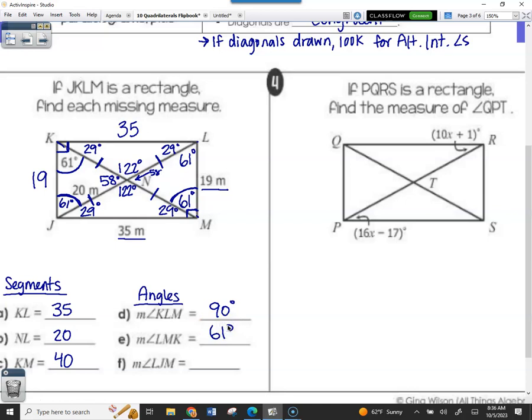Then you got L, J, M. Talking about that corner angle. Or not corner, but piece of the corner. All right, let's look at the next one.